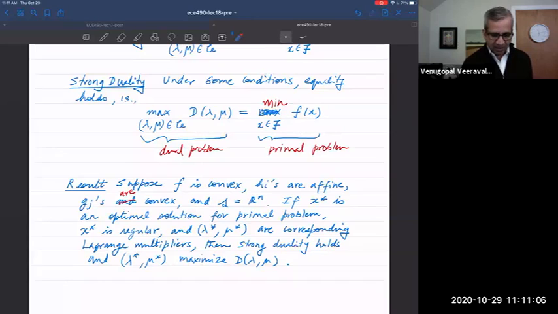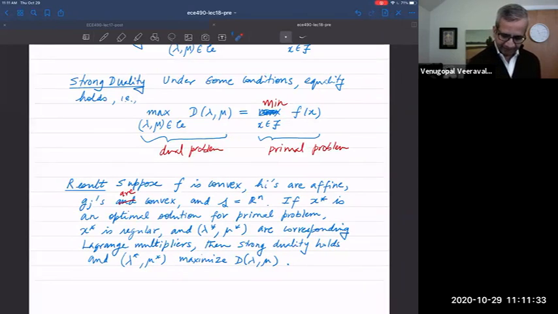So if it's a nice convex optimization problem, there are no other constraints in S, so S is equal to R^n, and the problem is regular, so that I can actually solve for the gradient of the Lagrangian equal to 0, then basically I have strong duality.